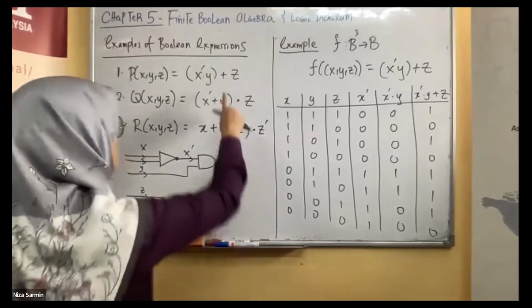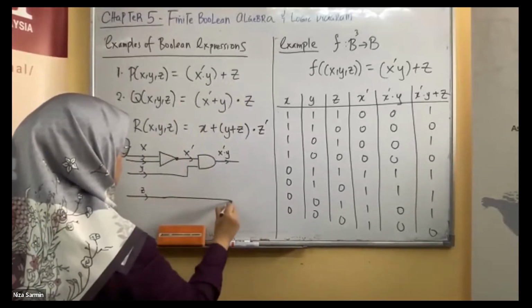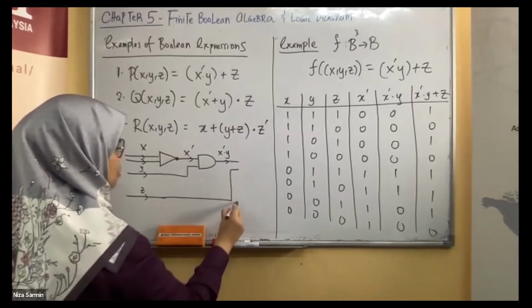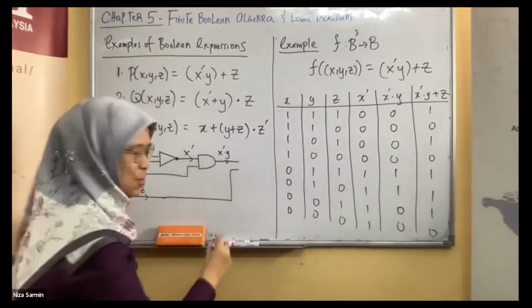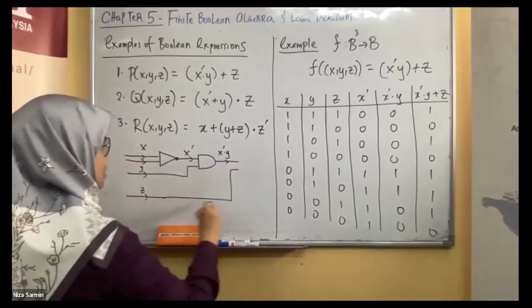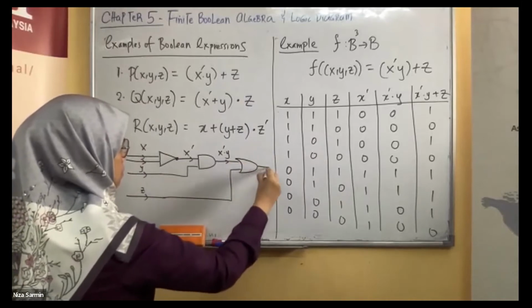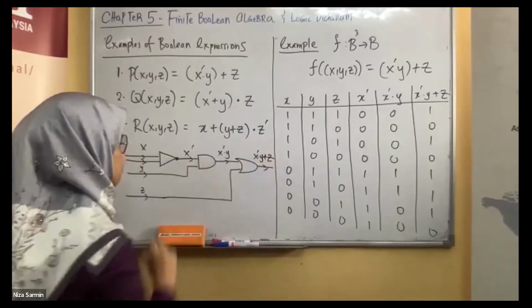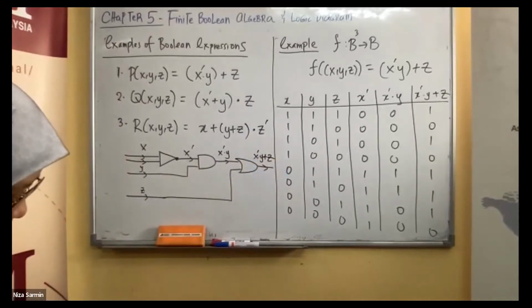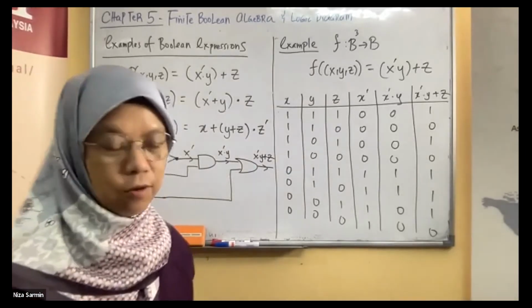And then I need a plus Z. So bring the Z here, but not one from here and you will make it very big. So bring it closer like this. So this is still Z, right? And then x prime dot y plus z. This is the logic network of this.